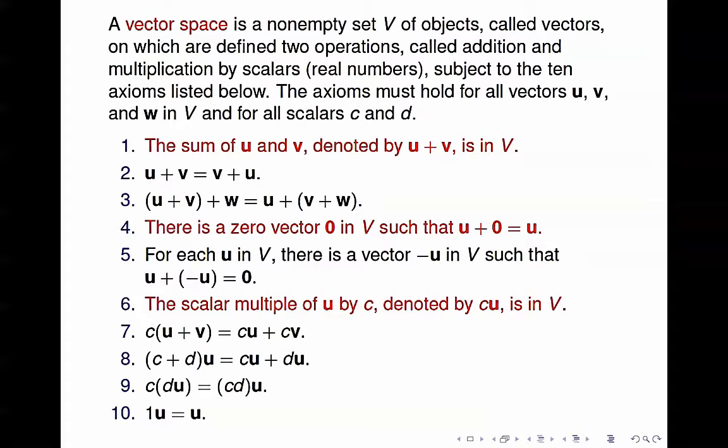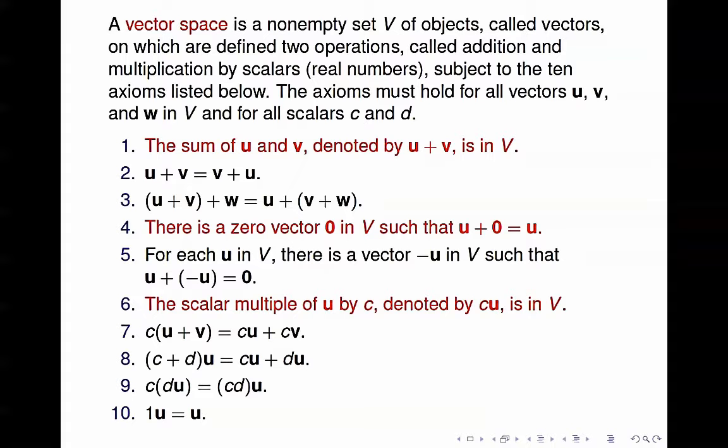Okay, so I've highlighted some because some are a little bit more interesting than others. Number 1 says the sum of u and v, denoted by u plus v, is in the set V. So it just says if you take any two vectors from the set and you add them together, then you get another vector that is still in the set.